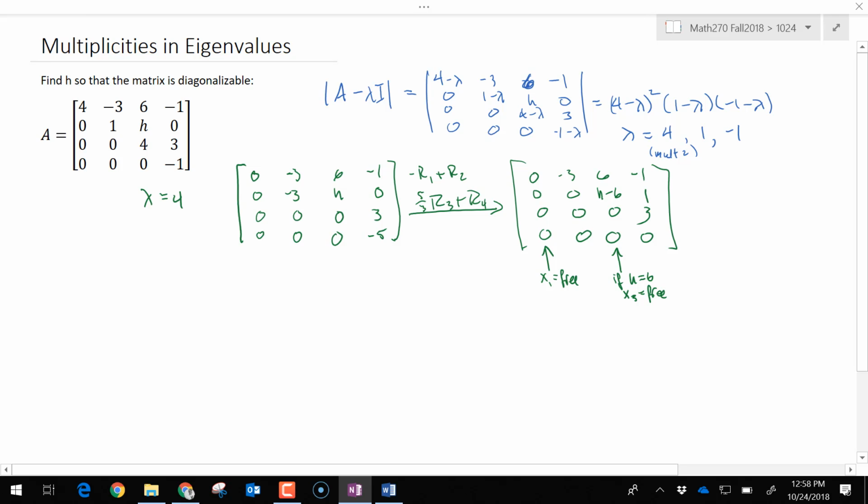If it's not equal to 6, then we get a value for this, and we're only going to have one eigenvector. Should we try to spell out both cases? Look at it carefully.